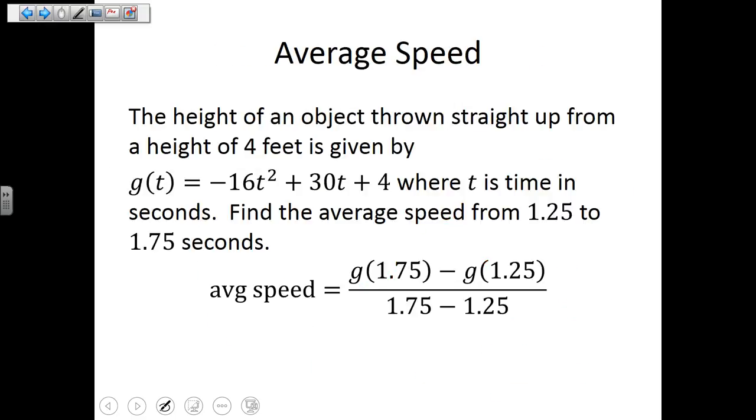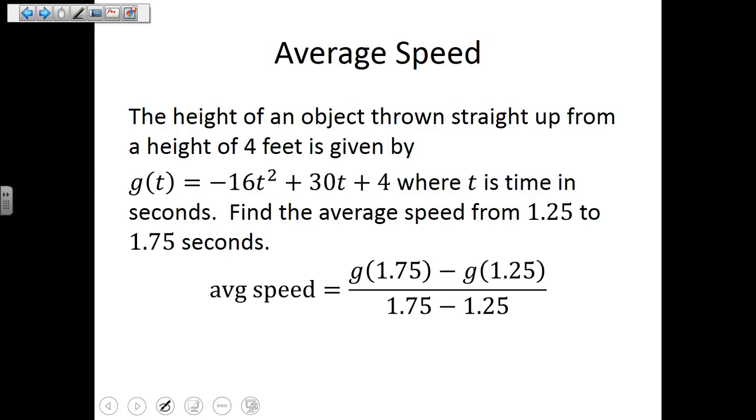Now let's use that to find an average speed. Average speed is a great application of the average rate of change. It says here that the height of an object thrown straight up from a height of 4 feet is given by g of t equals blah blah blah, where t is time in seconds. So whenever I plug in to this function, I'm plugging in a time.